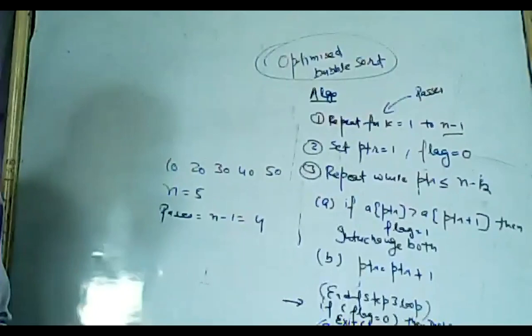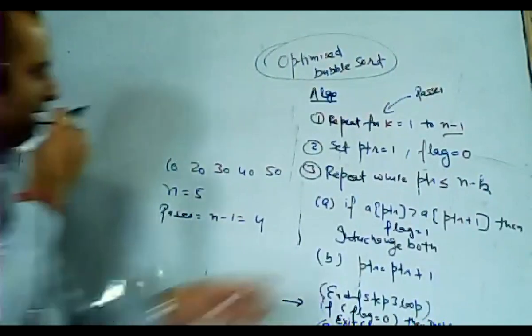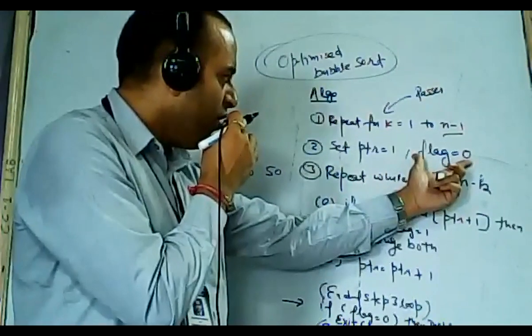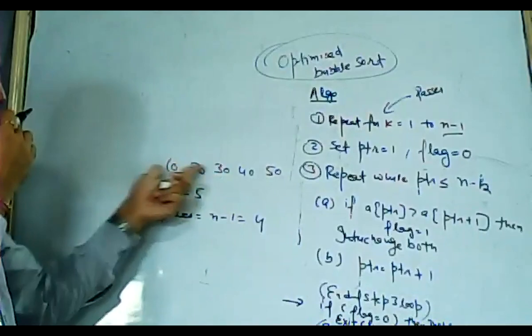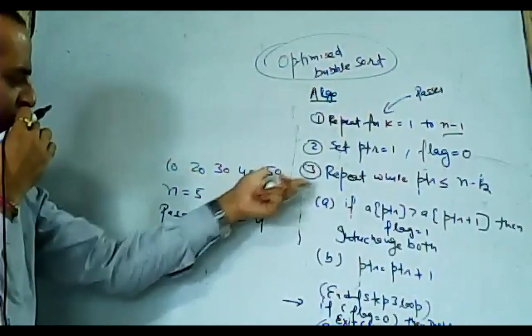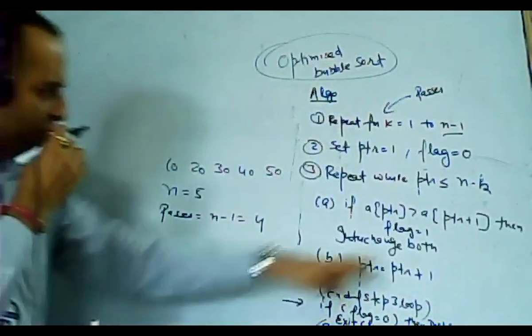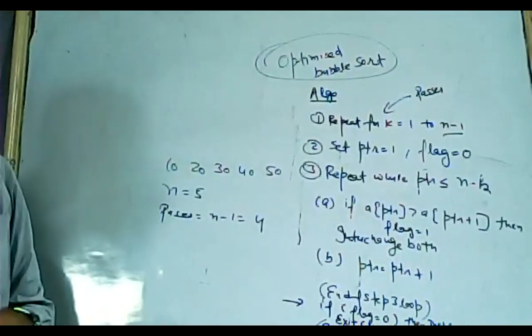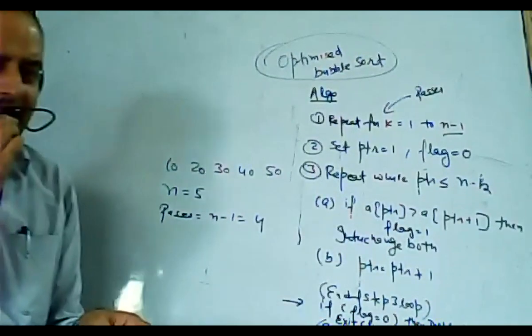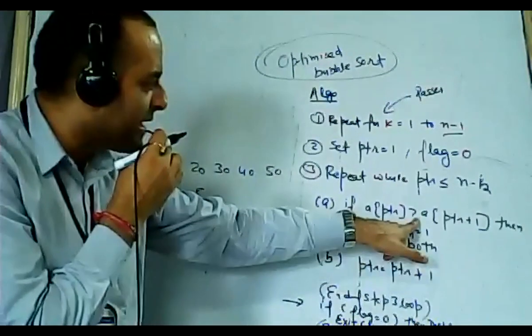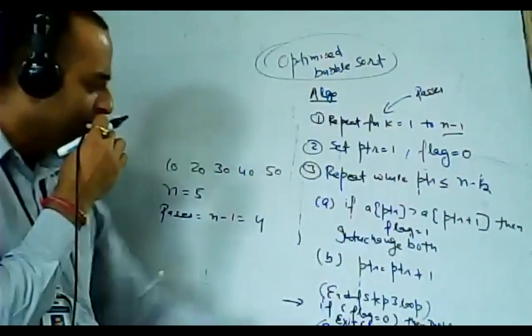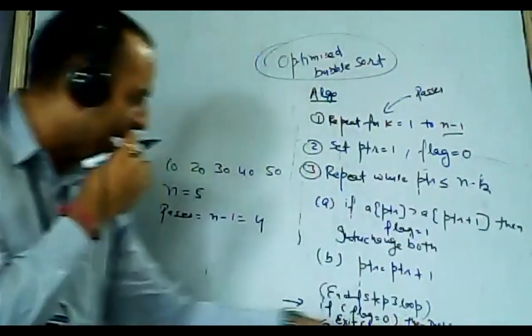I repeat, flag is 0 initially, if element is greater than the next element flag is 1, पर इसमें कभी नहीं होगा कि element is greater than the next element, it is always smaller than the next element. तो flag 1 कभी नहीं होगा, इसका मतलब है लिस्ट ऑलरेडी सॉर्टेड है. If flag is 0, that means कभी element next से बड़ा था ही नहीं, so I will say list is already sorted and we will exit.